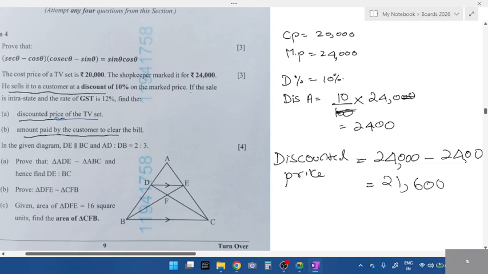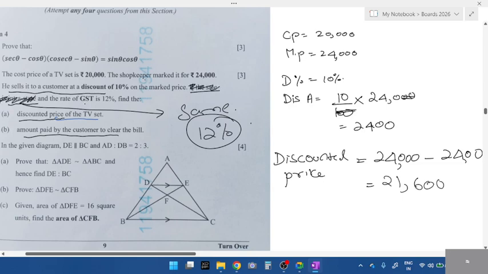Read the second part of the question. What is given? If the sale is intrastate, what do you mean by intrastate? Same state. GST is how much? 12%. And one more thing, students, if the sale is intrastate, this actually doesn't matter, right?